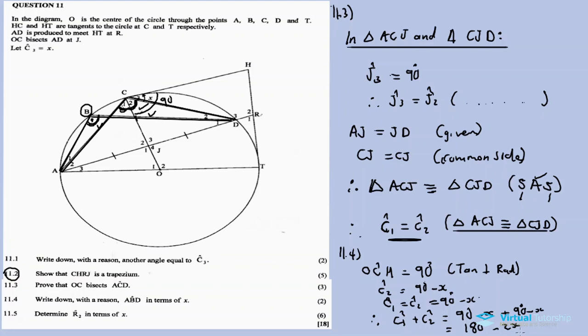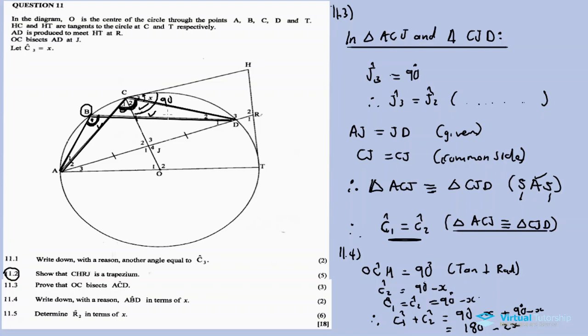So C1 plus C2 is equal to angle B, or angle ABD, right? Since in the bow tie these are angles in the same segment.